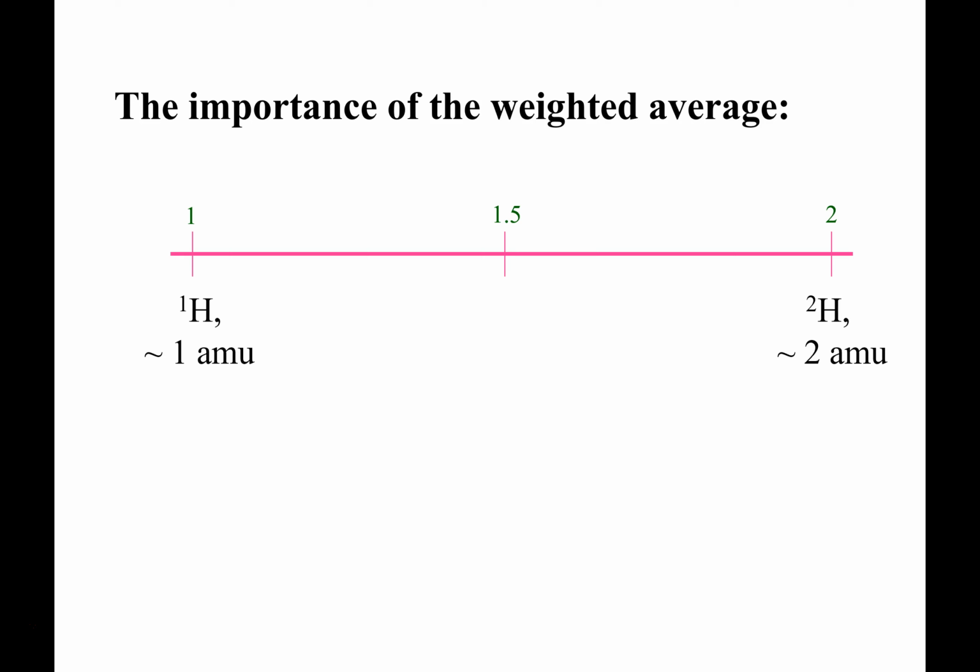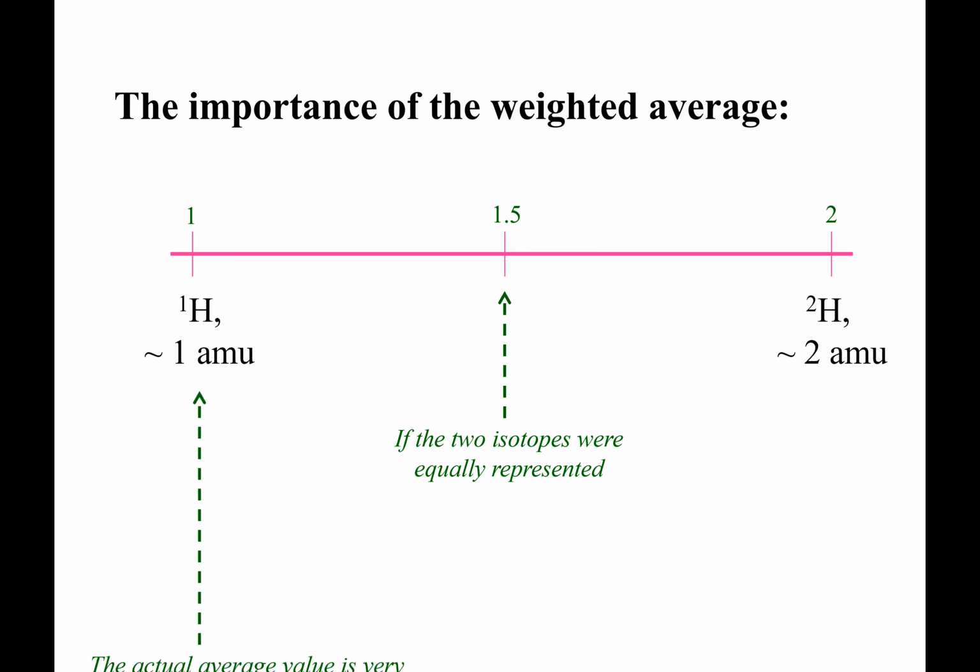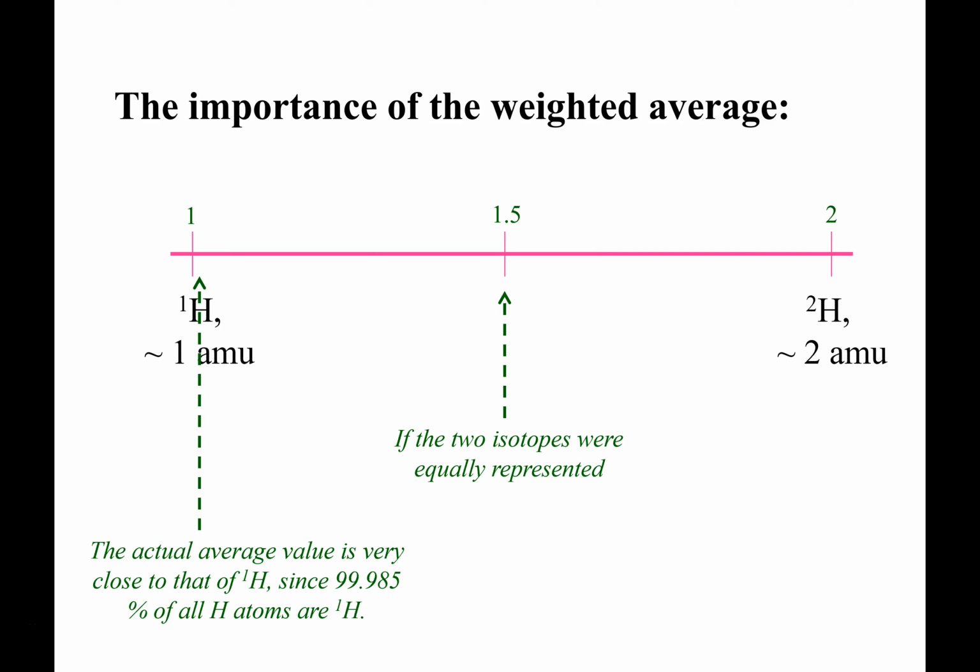So if we do a simple average, the average atomic weight of hydrogen would be 1.5. But if you look at the periodic table, and you'll probably be doing enough of these to memorize how much hydrogen weighs, you're going to see it weighs 1.008, rounded to three decimals. So you're like, wow.